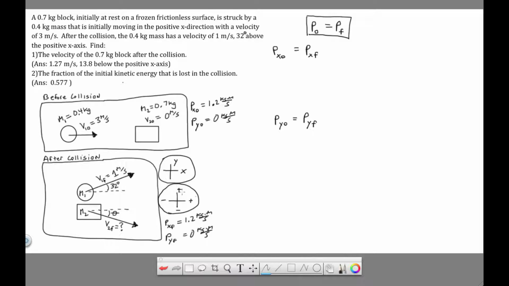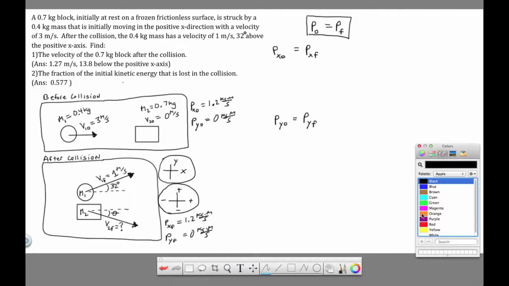So the way this is going to happen, I'm going to get my red pen out here. After the collision, M1 is going to have x velocity. This red arrow is the x component of M1's velocity after the collision, and y velocity. If there's x velocity, that means M1 also has x momentum.